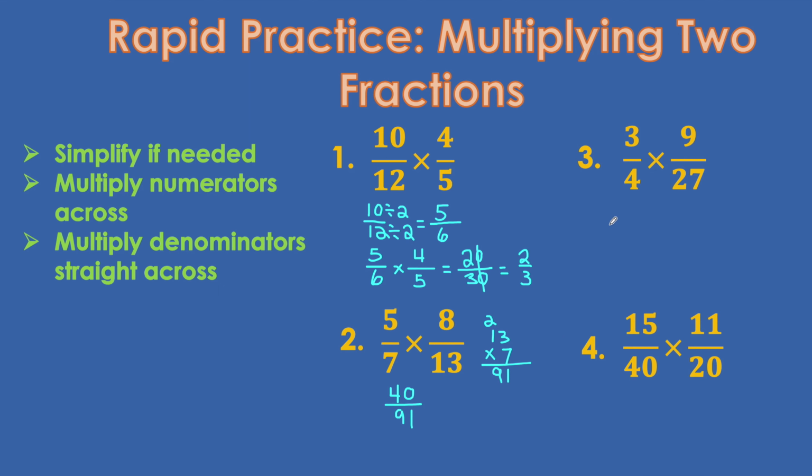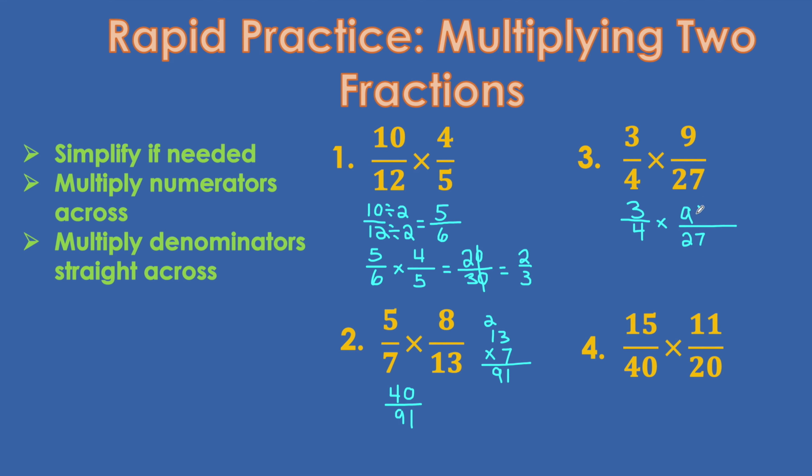Moving on to number 3. We have 3/4 times 9/27. Check to see if you can simplify either of these fractions. Looks like we can simplify the second one. We're going to rewrite this. 3/4 times 9/27.